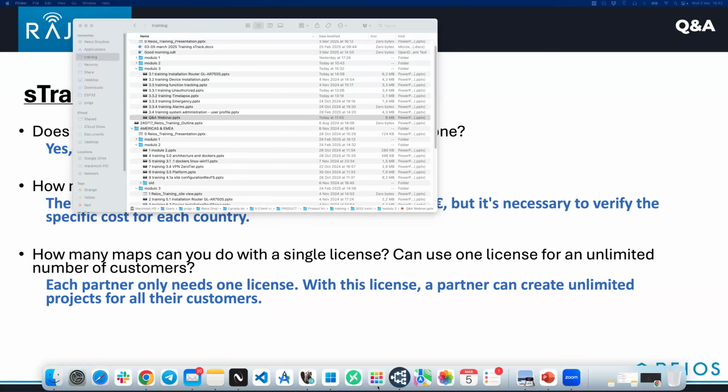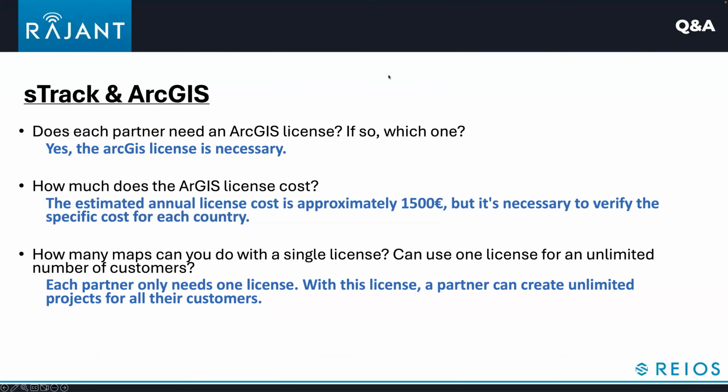Regarding the question I saw about ArcGIS map, the paid license is more or less 1,500 euro per year, but it depends on the country where the user is located.